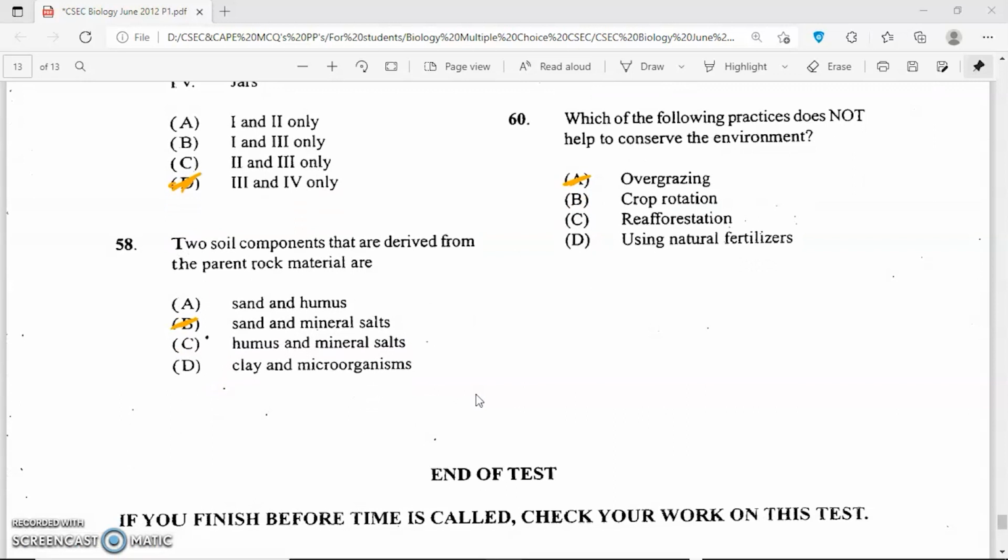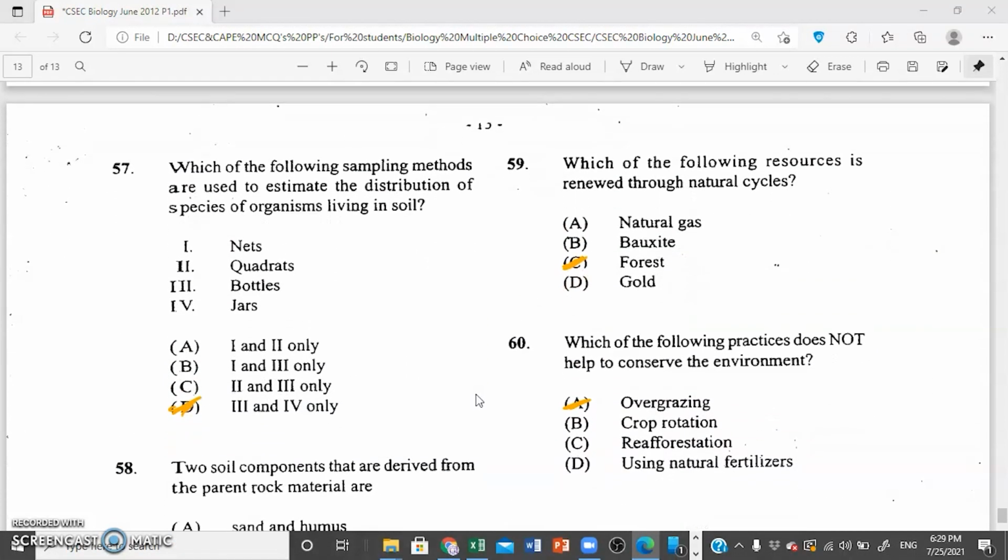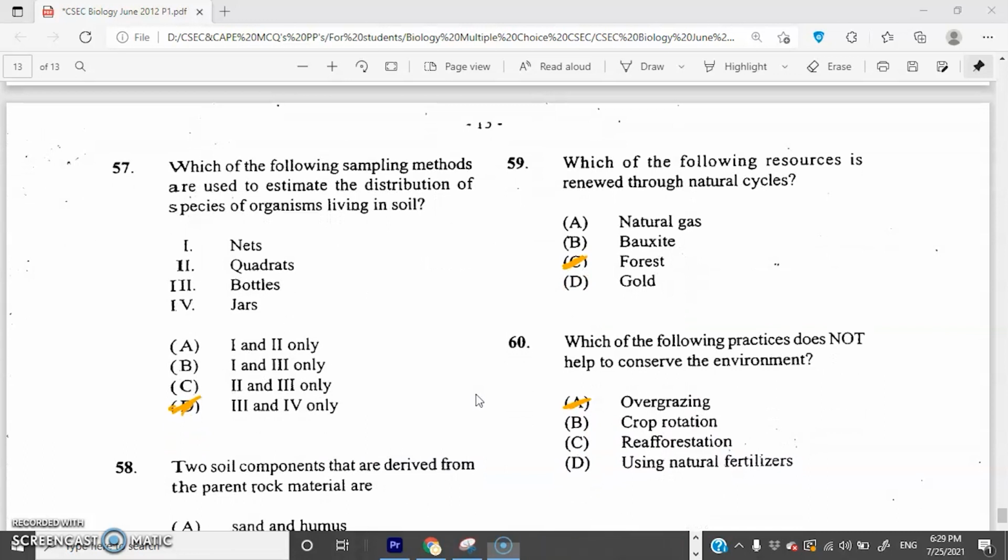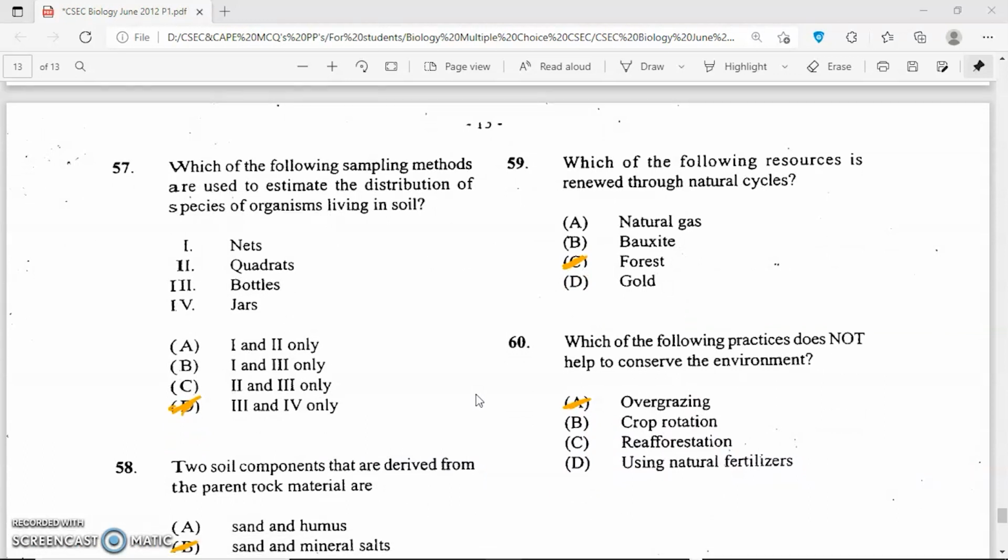Number 58, 2 soil components that are derived from the parent rock material, that would be sand and mineral salts. Okay, so the answer for number 58 is B, sand and mineral salts. And 59, which of the following resources is renewed through natural cycles? In other words, you're being asked which of the following are renewable resources. So that would be forests.